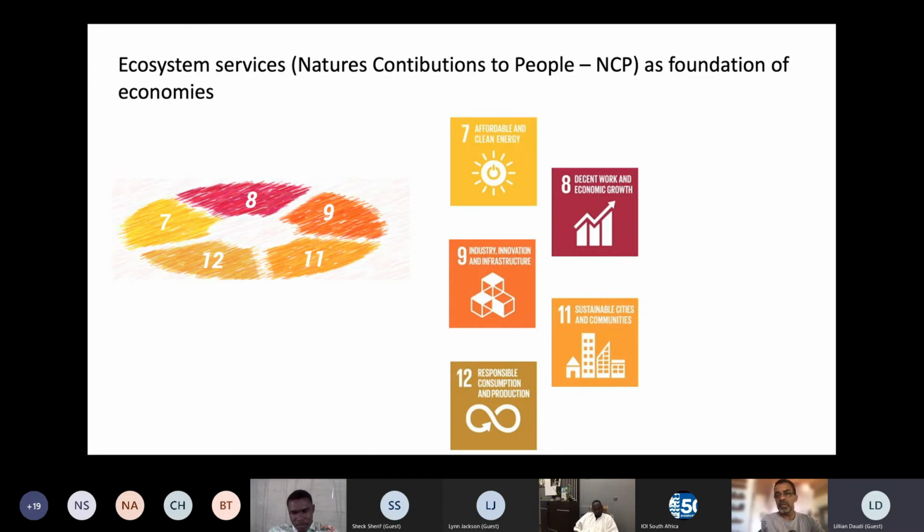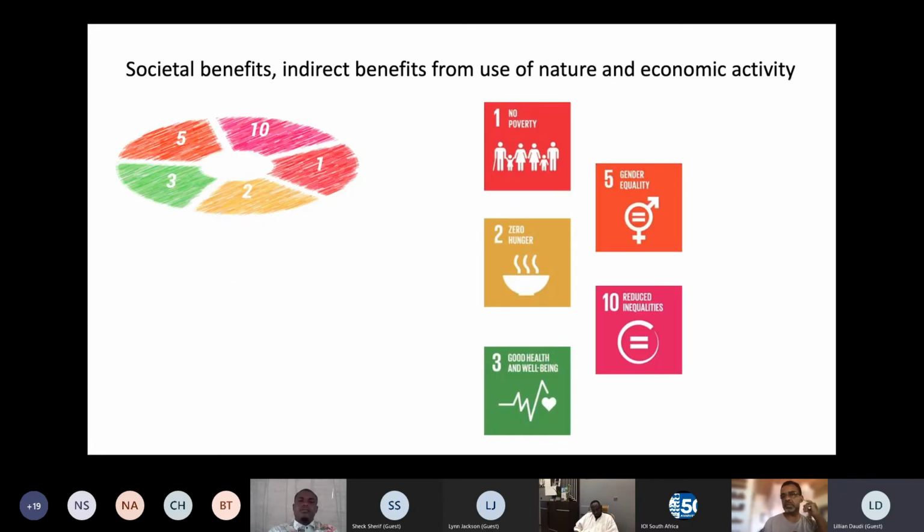And then number 12, which is critically important, is responsible consumption and production. How do we extract all of these different things? How do we use them? And this is an intermediate step. This is a direct transfer of material from nature through to people, and these things deliver on the societal benefits that we want to achieve in the top layer.